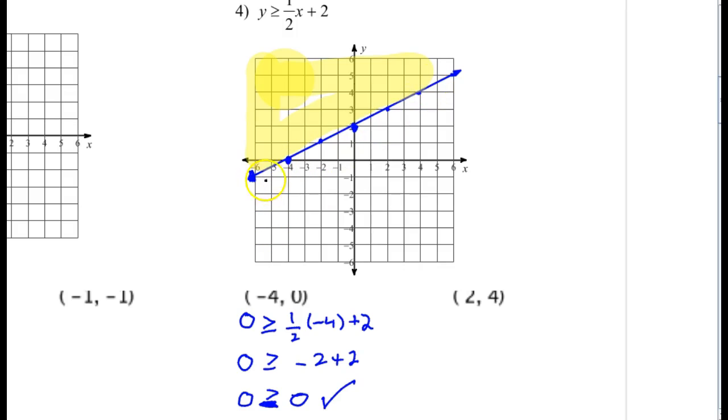Okay, so if it's a dashed line, remember those are not solutions, this would be false if this was just a greater than. And same thing here, is 4 greater than half of 2 plus 2?